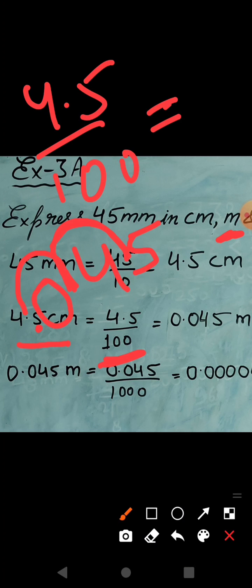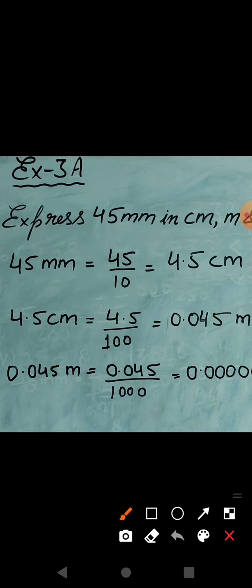Now the answer will be 0.045. We can put 0 before the decimal, as there was nothing. 0.045 meter will be the required answer. Okay, because there was 100, that's why we are moving the decimal towards the left side, two places: one place, and there's nothing, so the second place.